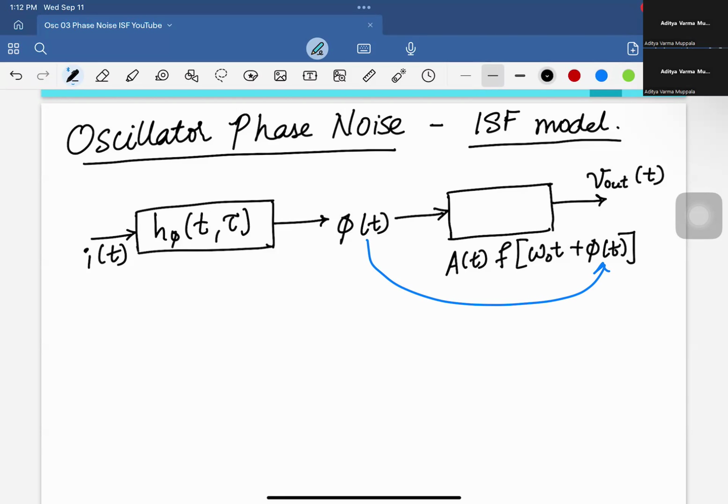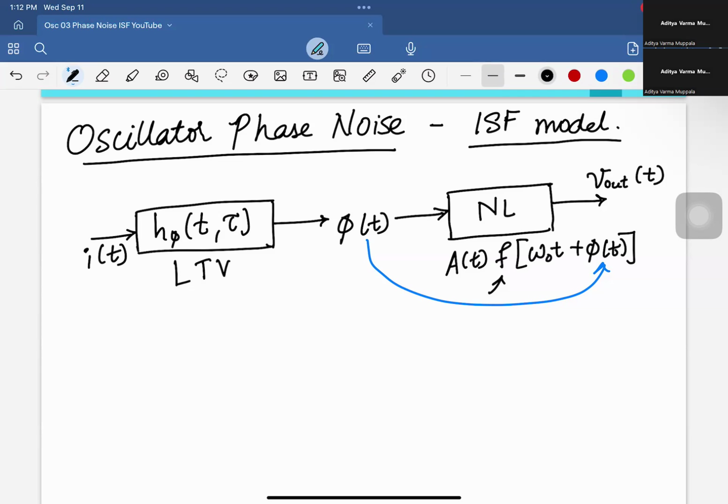So this is a linear time varying model, and this is a nonlinear model, right? And based on this f, usually this f is, say, a cosine omega naught t plus phi. But for more complicated limit cycles, that would not be cosine. It could have some harmonic content as well, right?